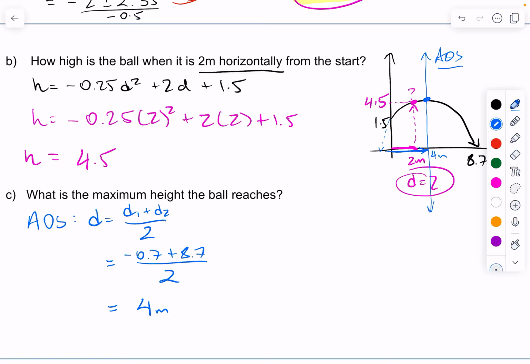So now I want to know what's the actual height at 4 meters. Well, that means the height is negative 0.25 d, which in this case is 4 squared, plus 2d, and d is 4, plus 1.5.